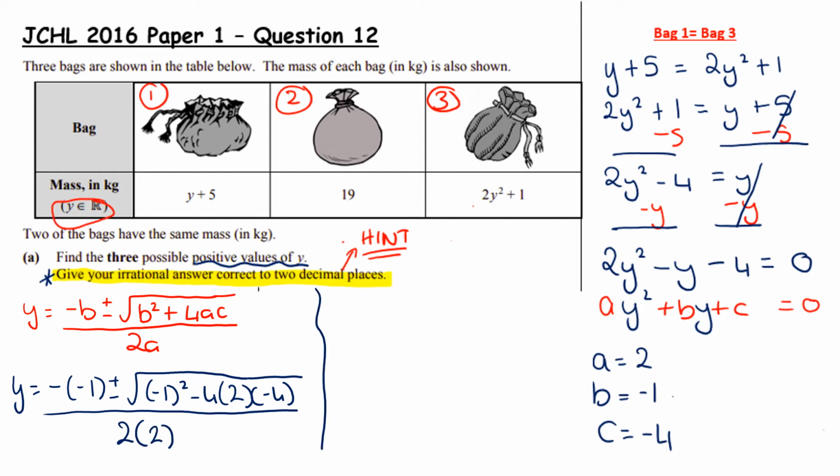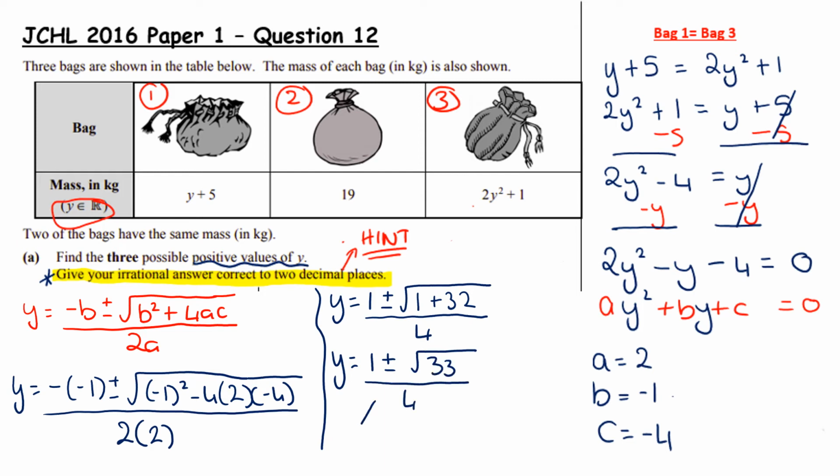Tidying that up, we get y equals 1 plus or minus the square root of 1. Minus 4 by 2 is minus 8. Minus 8 by minus 4 is plus 32. That's all over 4. So that gives us y equals 1 plus or minus the square root of 33 over 4.